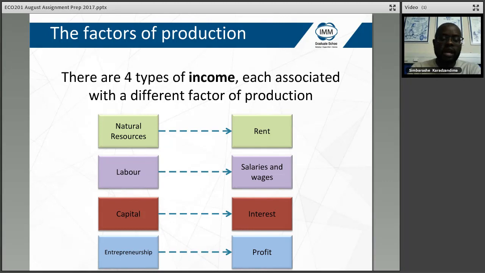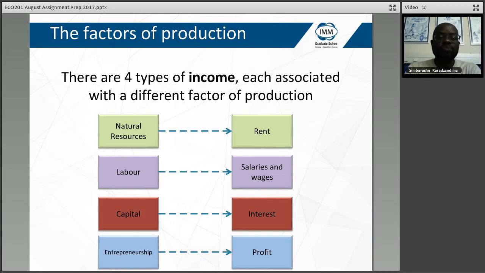Then we look at our last factor of production, but not the least in terms of importance, which is entrepreneurship, the ability to combine all the other factors of production to produce goods and services.